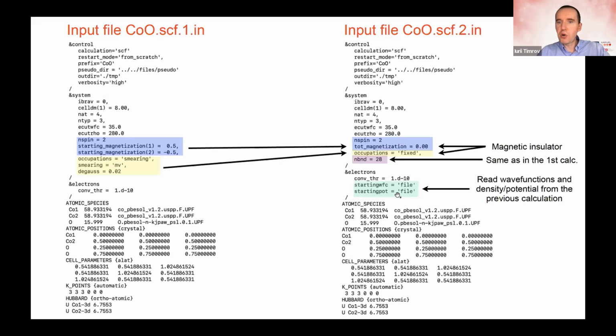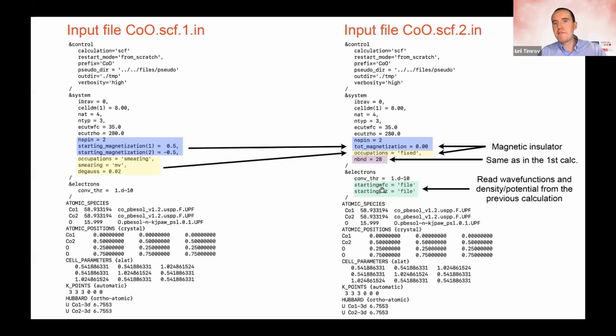In this case, the code will not start from scratch, from a linear combination of atomic orbitals, but it will really read from the temporary directory, which is the output directory TMP. So the code will read the wave functions and the density, which were already well converged in the previous run.